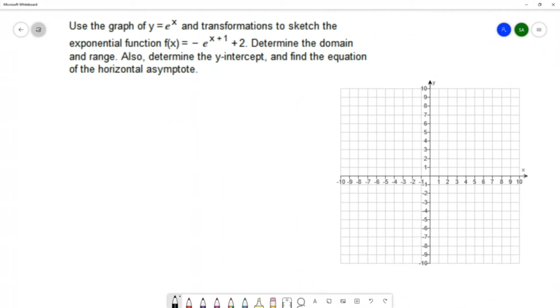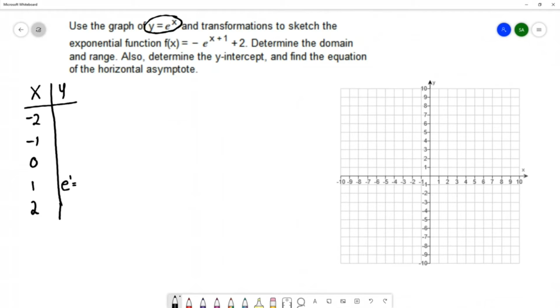So I'm going to make a chart of x's and y's, and I'll use my standard set of x's: -2, -1, 0, 1, and 2. And we're going to substitute into the equation y equals e to the x. So let's start with the easy ones. e to the 1 is e, and that's approximately 2.718.